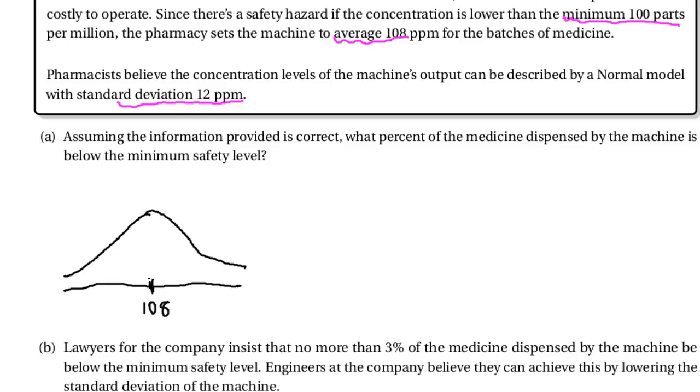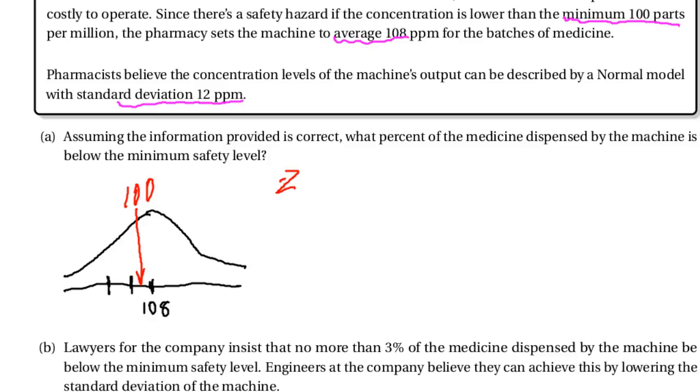And they start going like this, but there's something kind of strange here because the minimum safety level is going to be 100, somewhere around here, but there's 12 right here. So I can say a good bit is going to be below this minimum. So the question is how much?